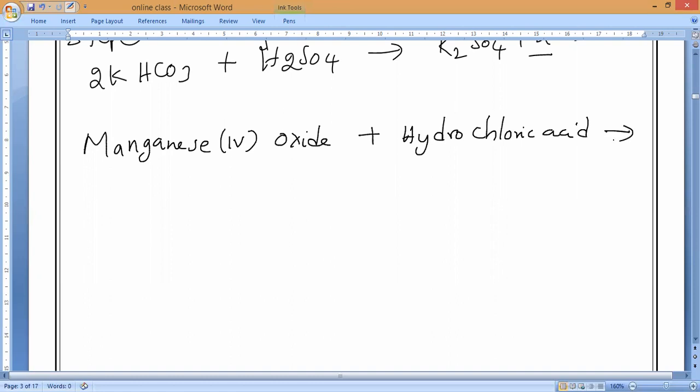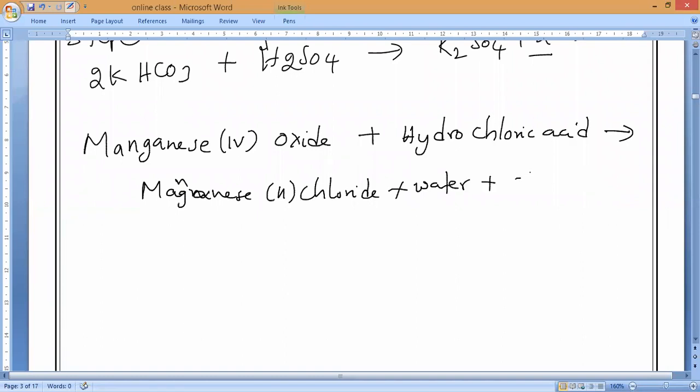It gives you manganese 2 chloride plus water plus chlorine. So this is the equation. Let me see who will write first. This is the equation. Balance it.